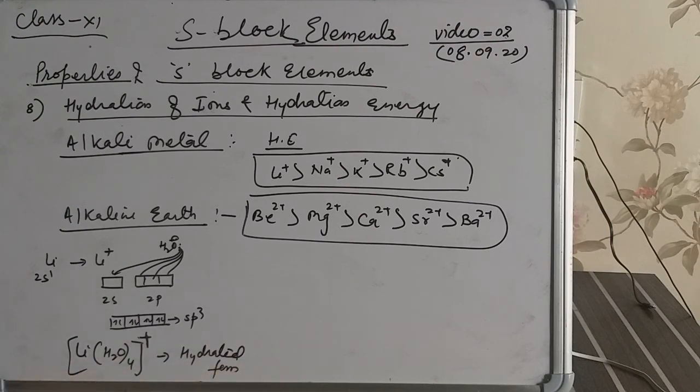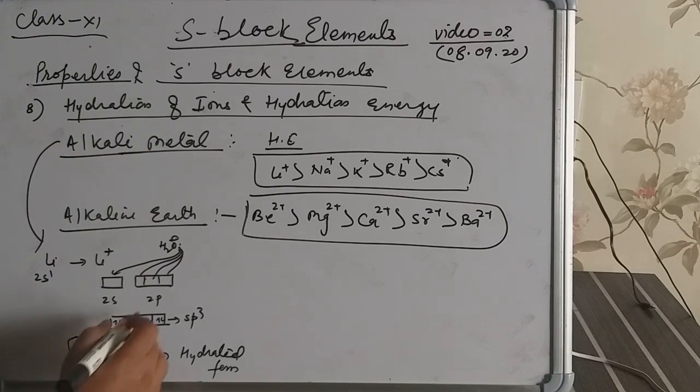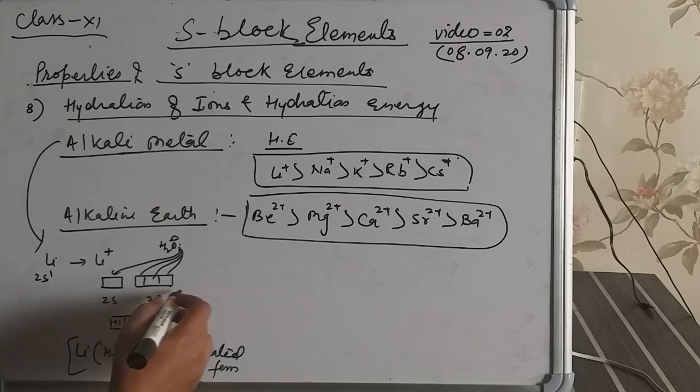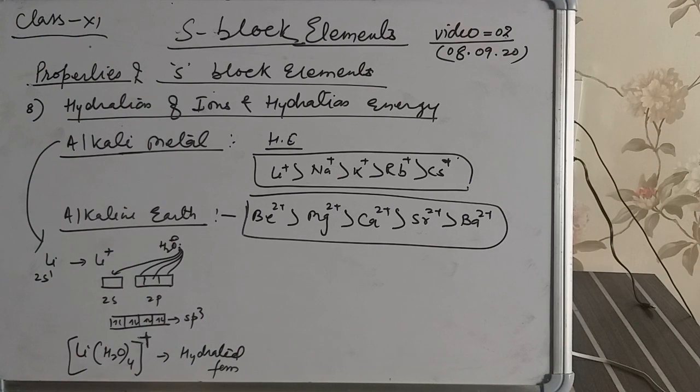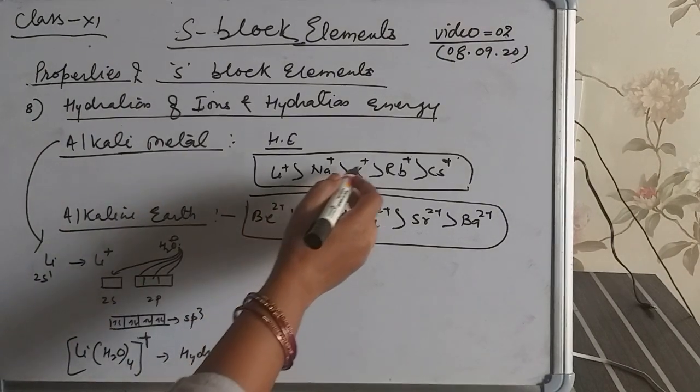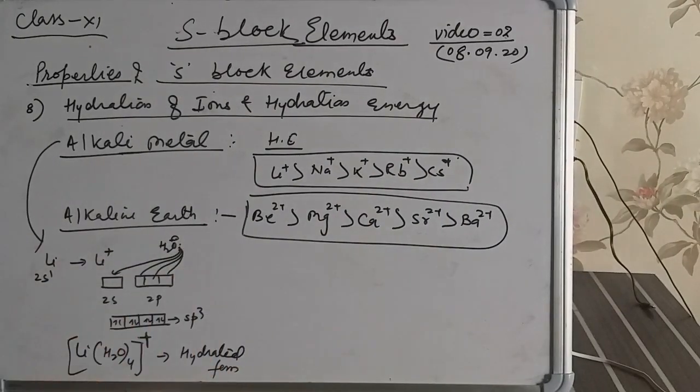So when we talk about the alkali metals, only the first member, lithium, forms 4 coordinate bonds, because its coordination number does not exceed 4 as it has no empty orbitals like the other members: sodium, potassium, rubidium and cesium.